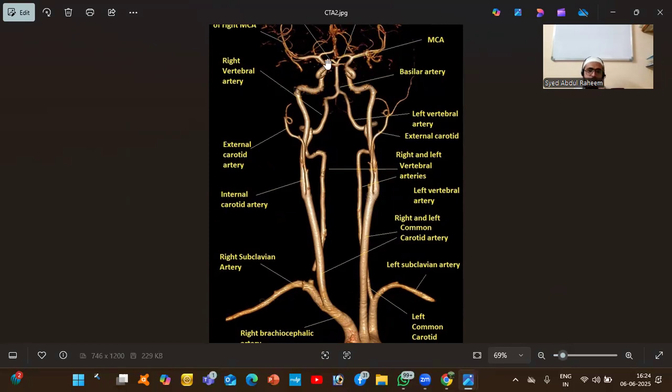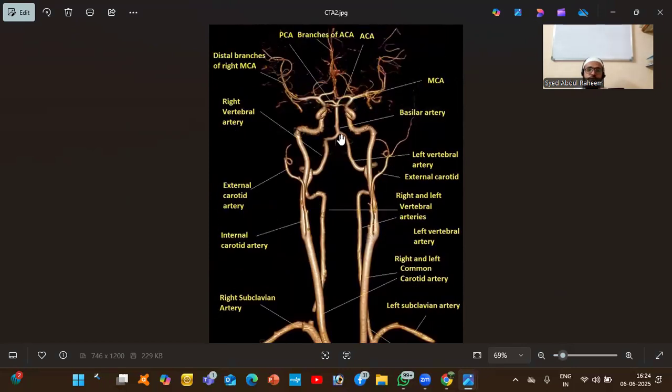Here are the branches that will go into the brain: MCA, ACA, PCA. We have three main branches of the brain: MCA, middle cerebral artery; ACA, anterior cerebral artery; and PCA, posterior cerebral artery. The right side supplies the right side of the brain, and the left supplies the left side. So these are the main large vessels of the brain.